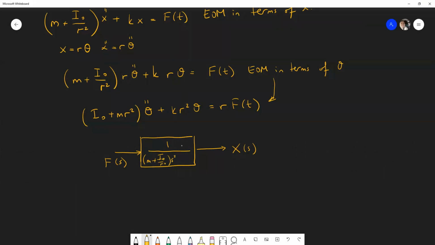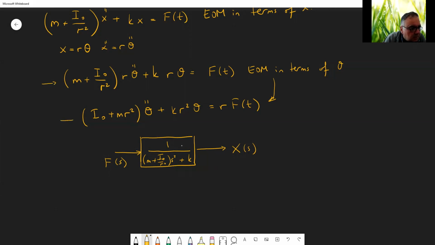Isn't it going to be I naught r in the formula because you multiplied with r? So before it was I naught over r squared. The first formula you multiplied by r, right? Everything by r, yes. So when you multiply by r, it's going to be I naught r instead of I naught.